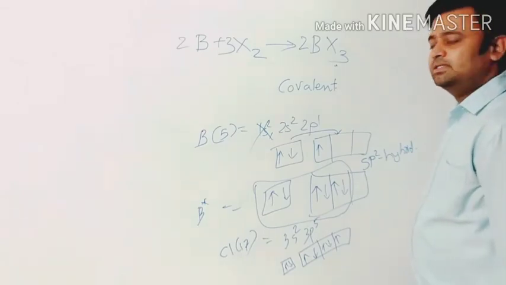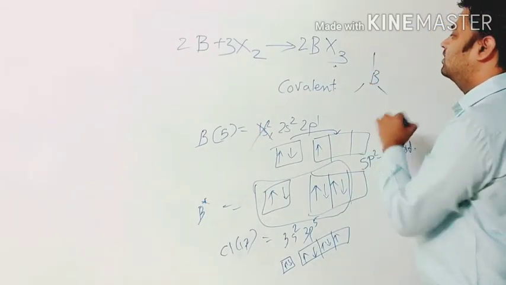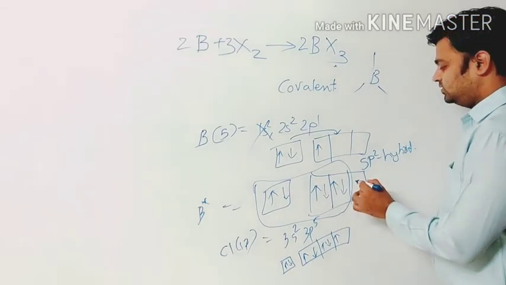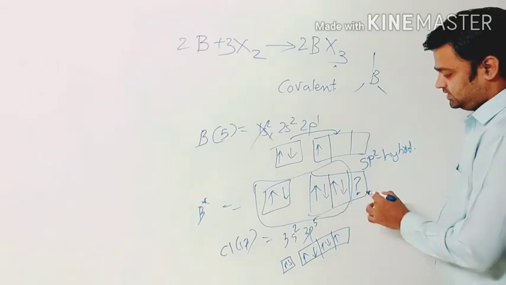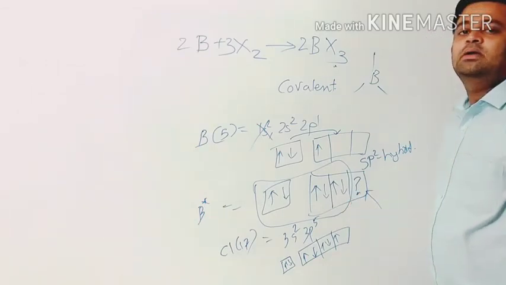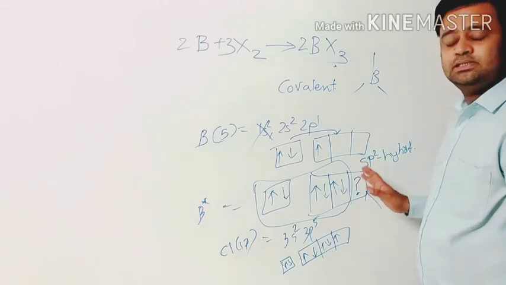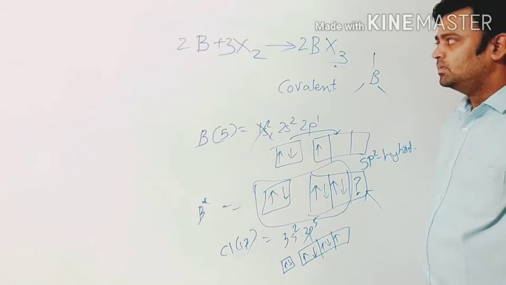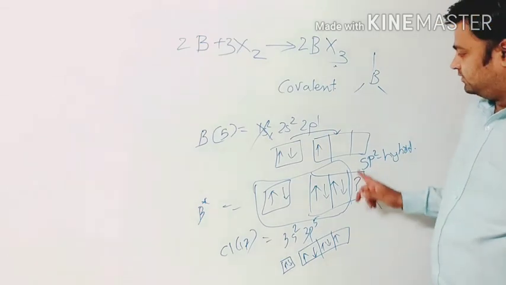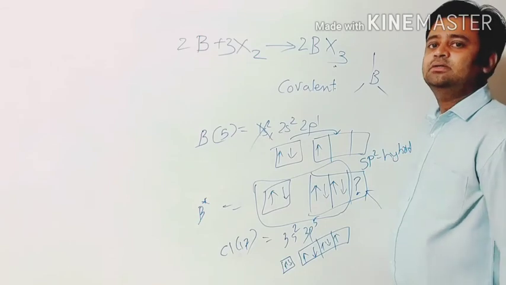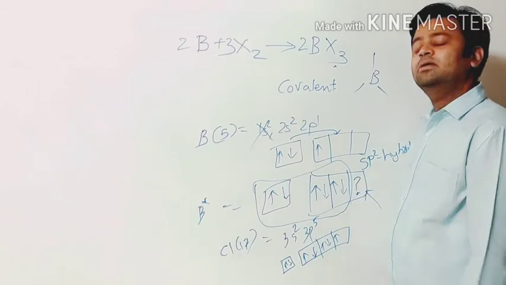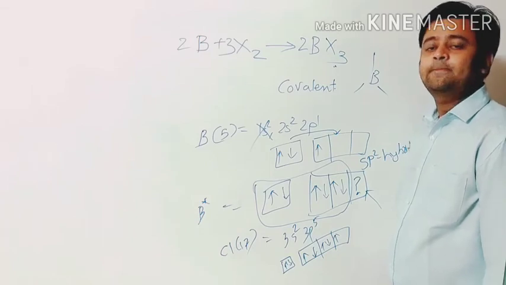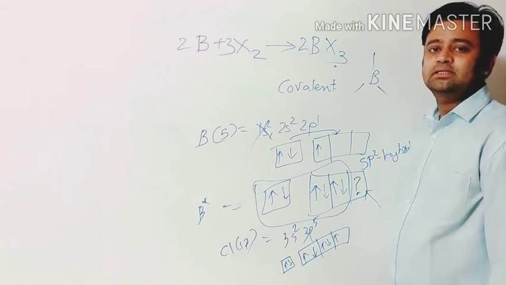Since sp2 hybridization is there, it will form trigonal planar geometry compounds. Secondly, there is one empty orbital, so this valence shell has the ability to accept electrons. It is electron deficient, and it can add extra electrons, and therefore it is a good Lewis acid.